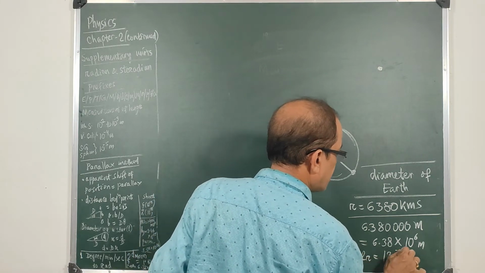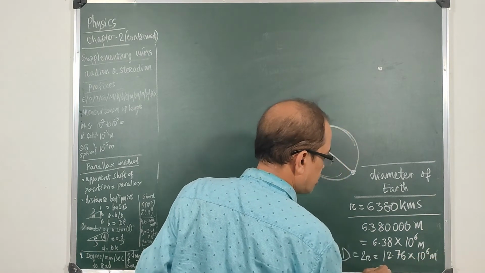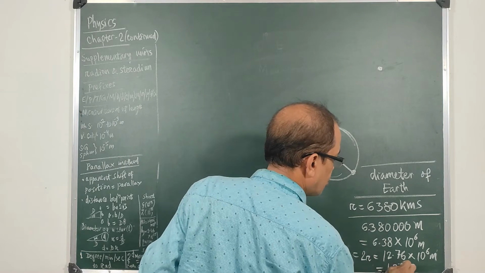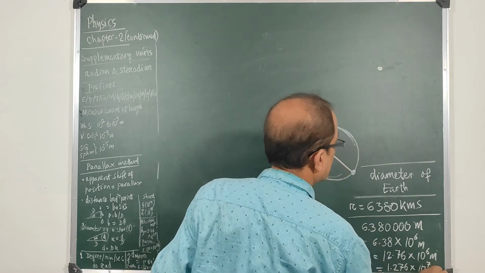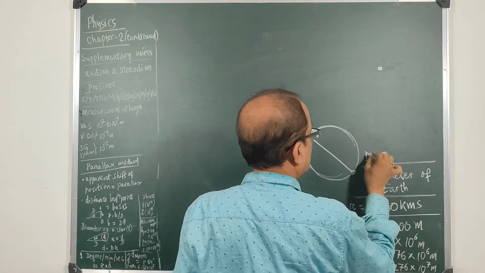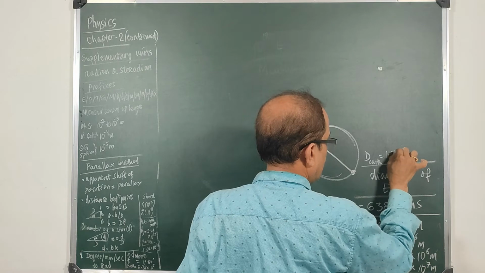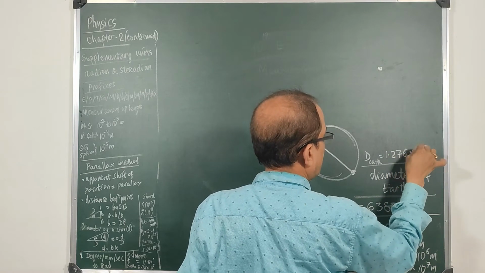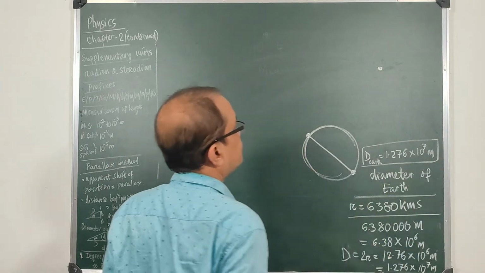This will be 12.76 into 10 to the 6 meters, and in scientific notation this is 1.276 into 10 to the 7 meters. So the diameter of Earth is 1.276 into 10 to the 7 meters. This is data for our future use.